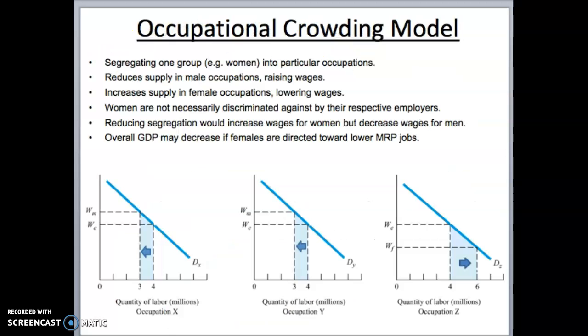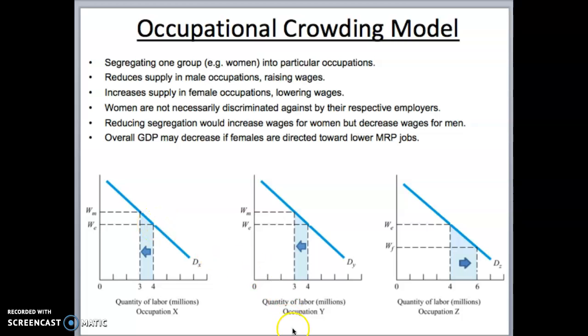Moving on, let's talk about the occupational crowding model. This is where we crowd certain groups into one occupation and effectively out of another occupation. Let's look at these three examples down here. So we have occupation X, and let's imagine we start out at a WE equilibrium and 4 million workers in that occupation.